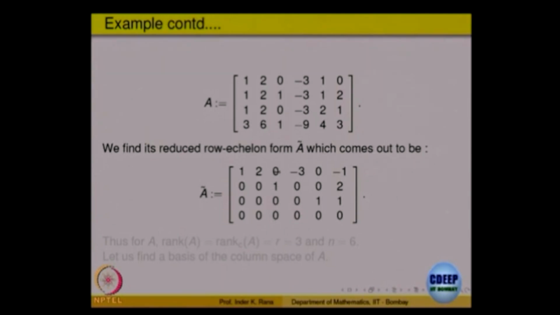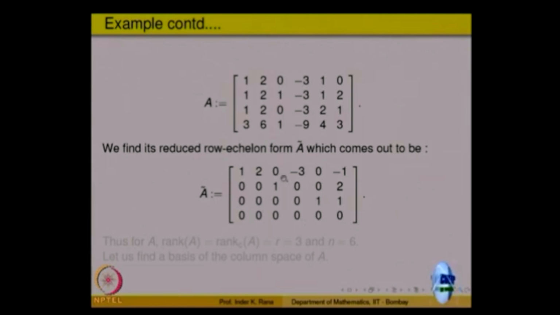This is in row echelon form. The first non-zero entry in the first row is 1, and everything below is 0. In the second row, the first non-zero entry is at the 3rd place, and everything else in that column is 0, above it also, so this is the reduced row echelon form. The next pivot is at the 5th place, a 1, and everything else is 0. These are the only pivots, because in the next row everything is 0.